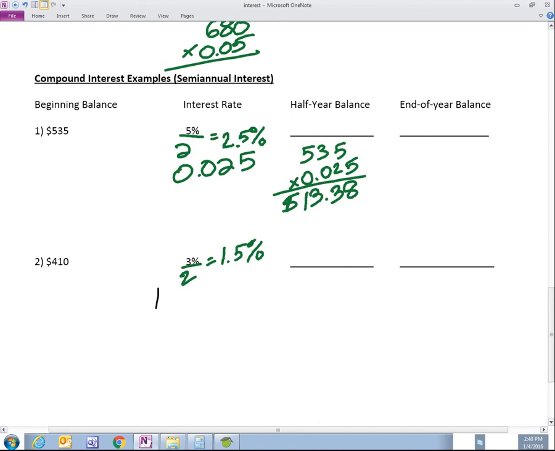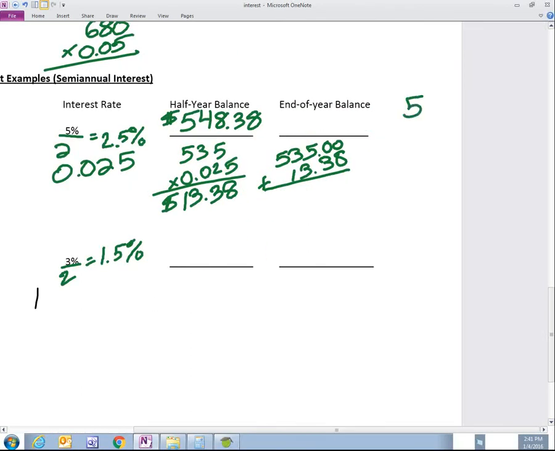Now it's asking us what the balance is, so I have to add 535 plus $13.38. And I'm going to get $548.38. So that's my new balance. So now I have to get the other half of the year.